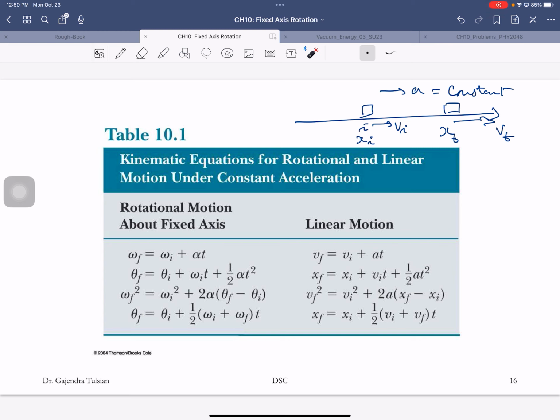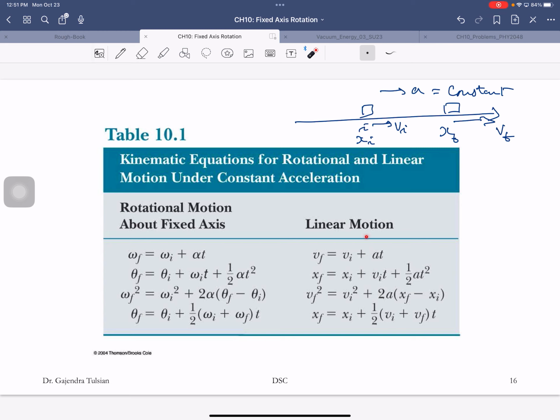Final velocity was equal to initial velocity plus acceleration times time. Final position was equal to initial position plus initial velocity times time plus 1/2 a t squared. So there was the position as a function of time, and velocity as a function of position. So how fast was it going at this location, and so on. These equations are called the kinematic equations that were valid when a was constant.